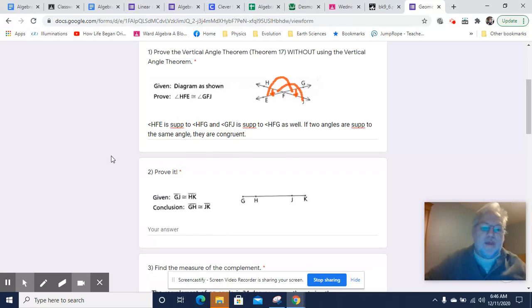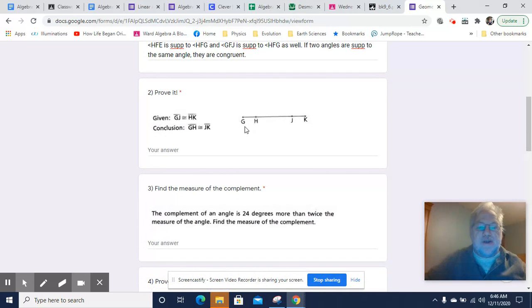Now let's prove that GH is congruent to JK. So here's GH and here's JK, and we know that GJ, this line segment here and this line segment here are congruent because of the given.